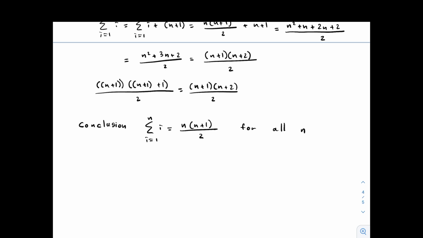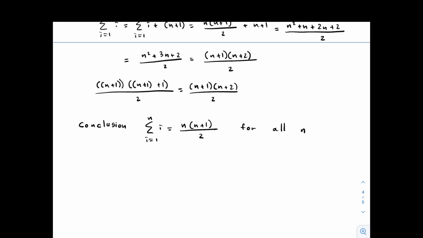So to summarize the concept of today's video, one important technique that you can use to prove something rigorously is proof by induction. And in general, what you want to do is demonstrate that it's true for some base case, often n equals 1, but it can be any other starting point.